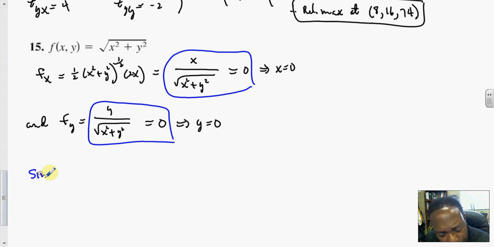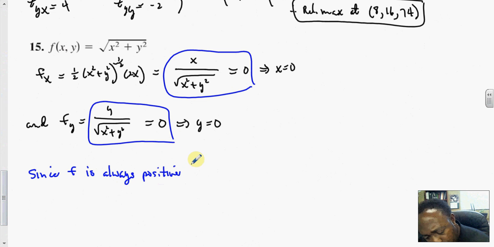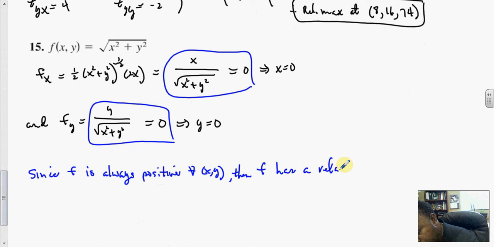So here we say, since f is always positive for all x, y, then f has a relative minimum at 0, 0.